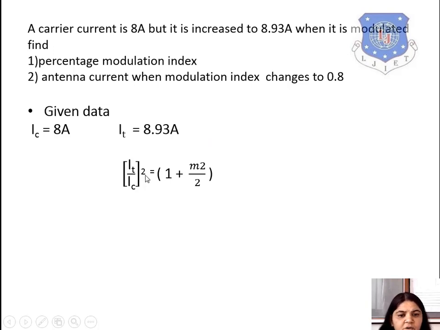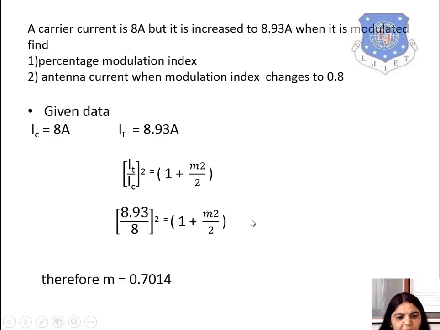IT upon IC whole square is equal to 1 plus m square by 2. IT is 8.93 upon 8 whole square is equal to 1 plus m square by 2. So I can find out the value of the small m, which is 0.7014.